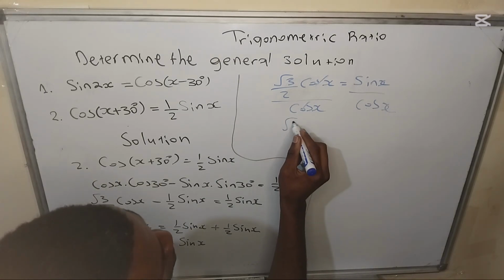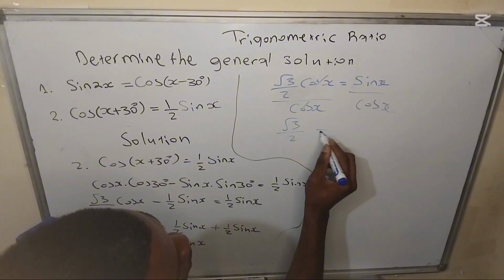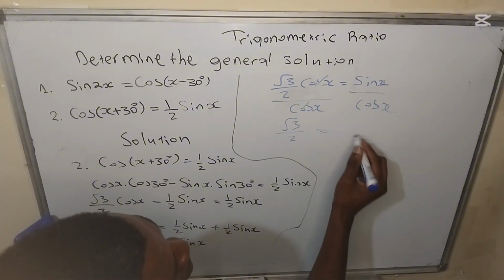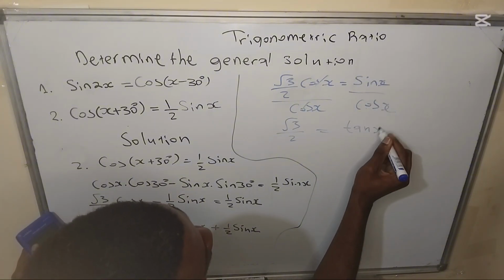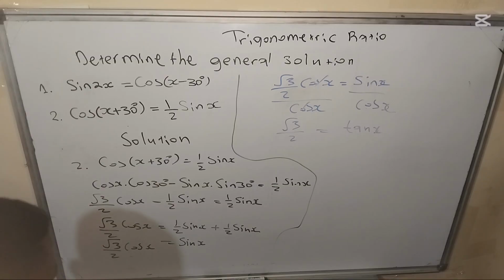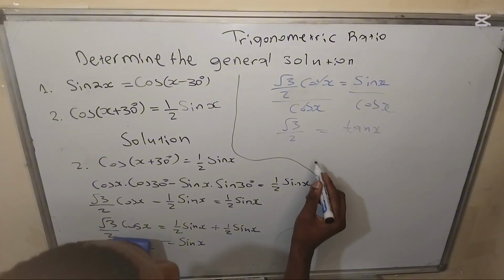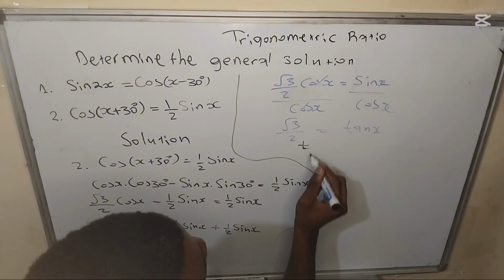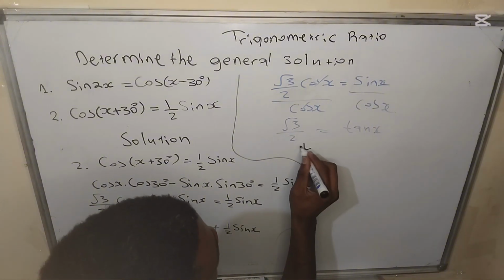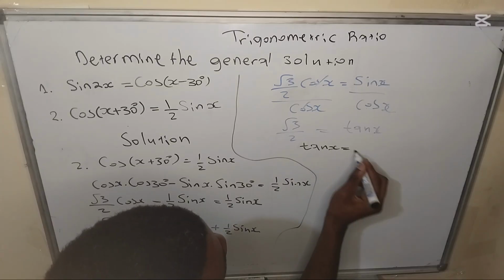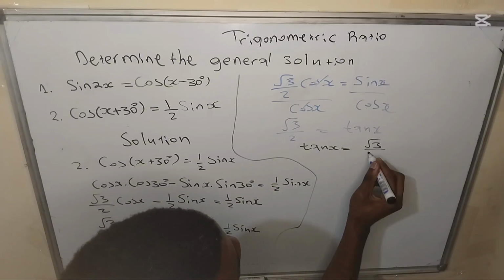We are going to be left with root 3 over 2, which is equal to sine over cos, which is tan x. Then we can just say tan x is equal to root 3 over 2.